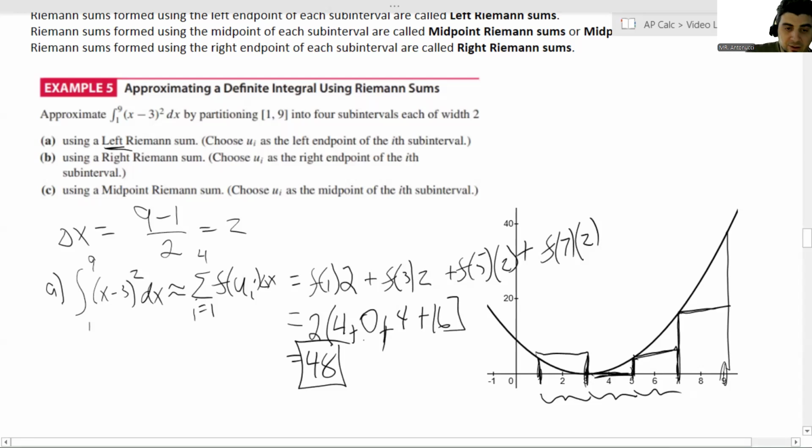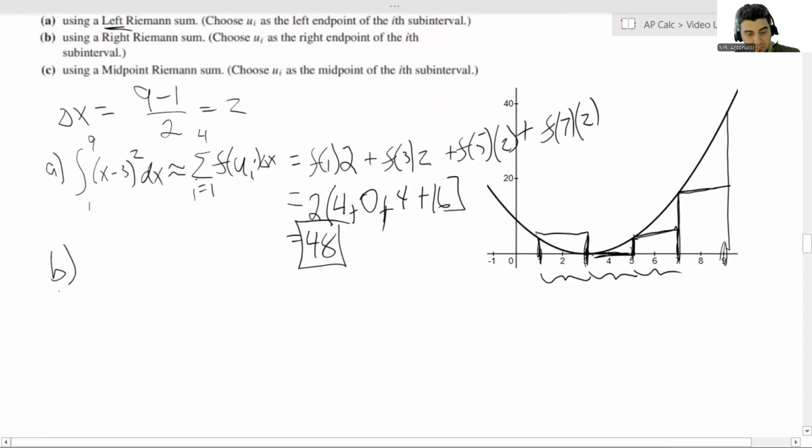Now for part B, if we choose the u_i to be the right endpoint, then similarly we're going to have this integral from 1 to 9 of (x minus 3) squared dx equals the sum i equals 1 to 4 of f of u_i delta x.